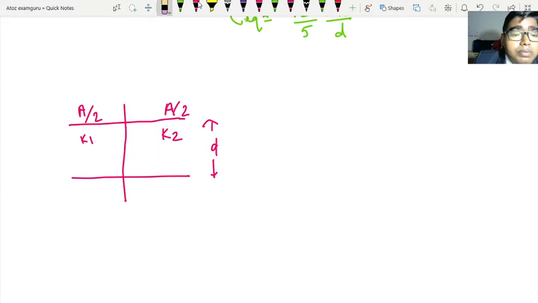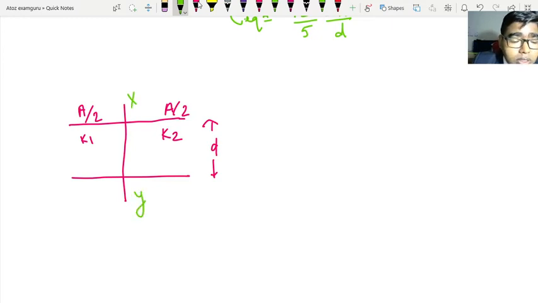So in this case, we have to calculate the equivalent capacitance, right? If we try to solve this question, first we have to recognize whether this particular combination is in series or parallel.